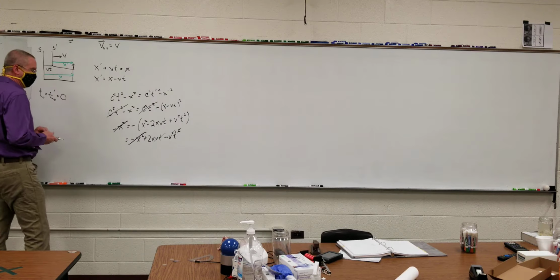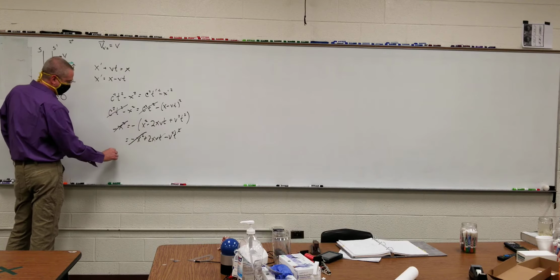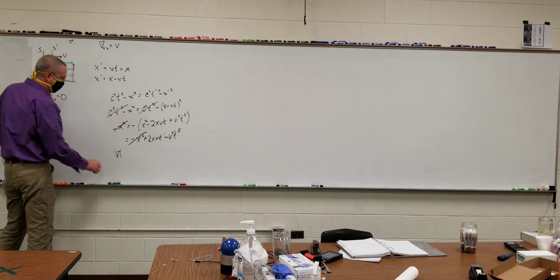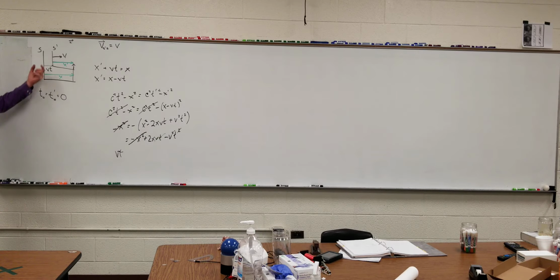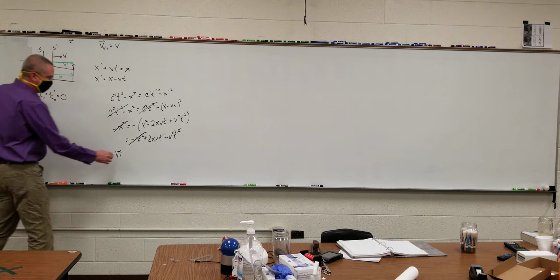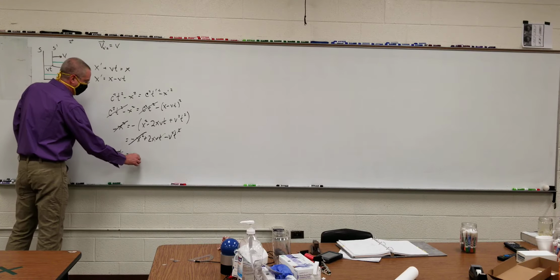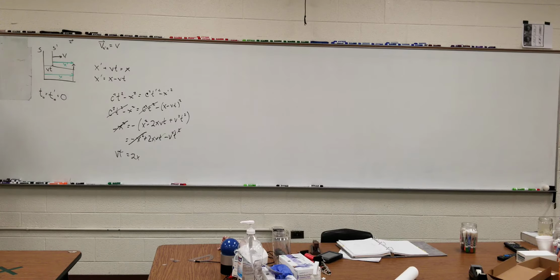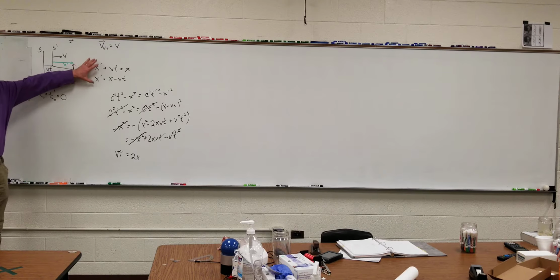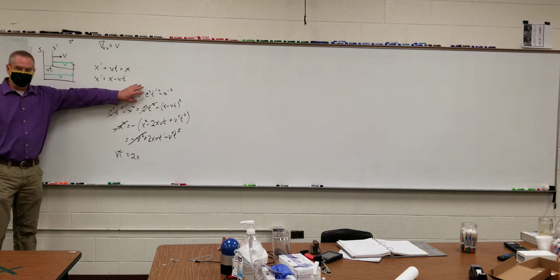And what I ultimately end up with, if I bring this over to the other side, is that the speed times time, in other words, that distance right there, is equal to 2 times x. And that's not always going to be the case. So there's inherently an incompatibility between some of the stuff that we've done with classical thinking and the more modern thinking.